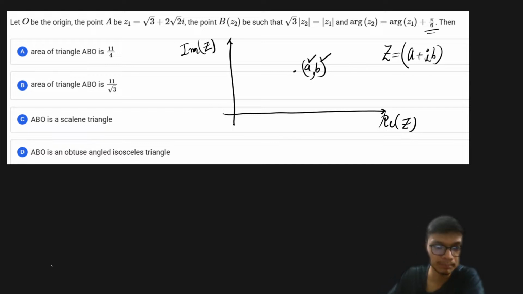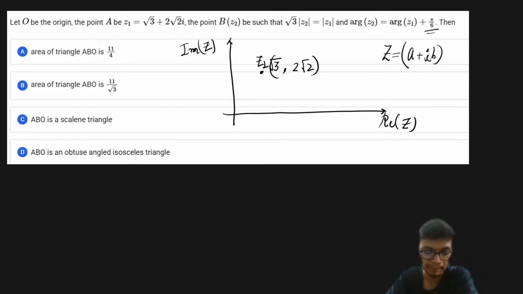Now z1 over here is mentioned as root 3 comma 2 root 2, right? Similarly, z2 is mentioned with an angle of pi by 6.